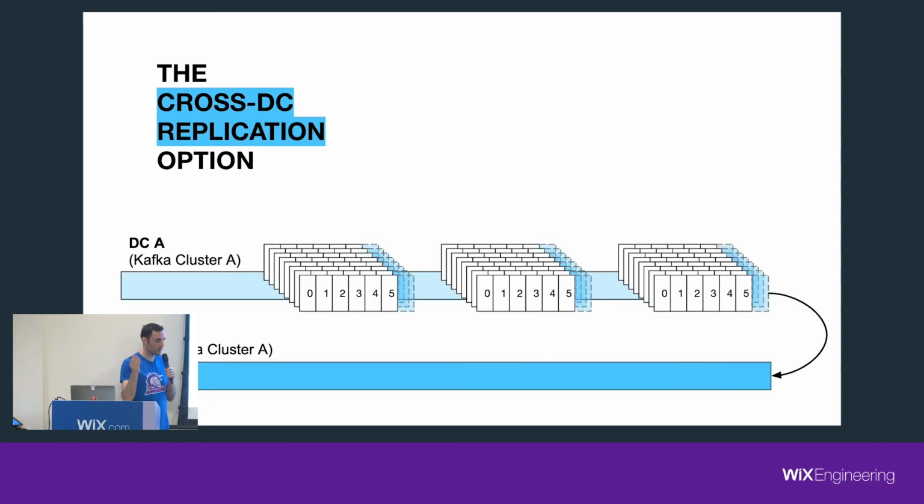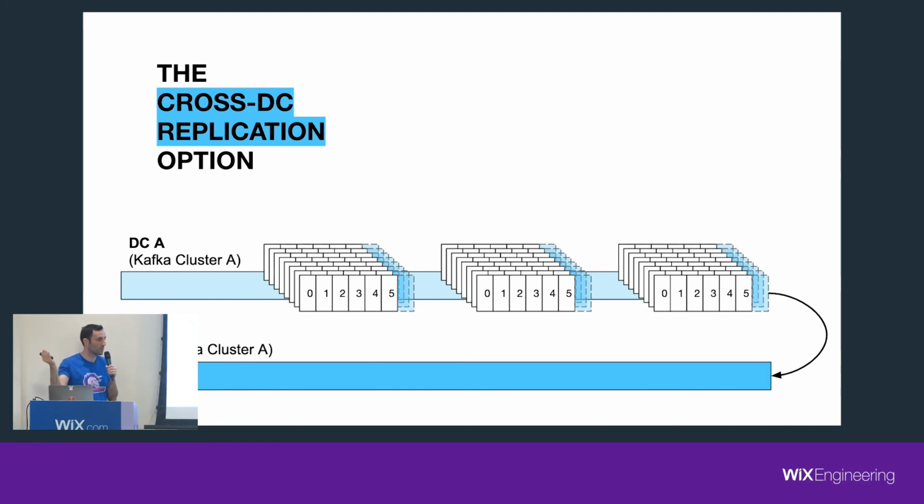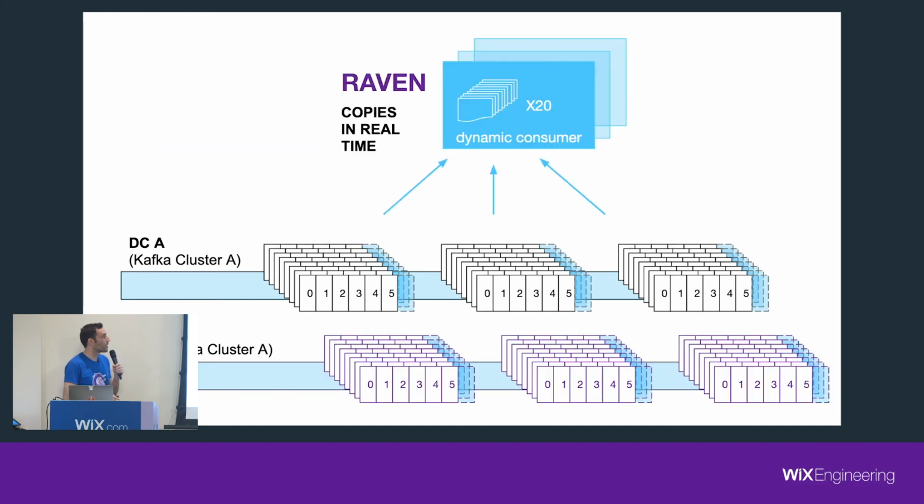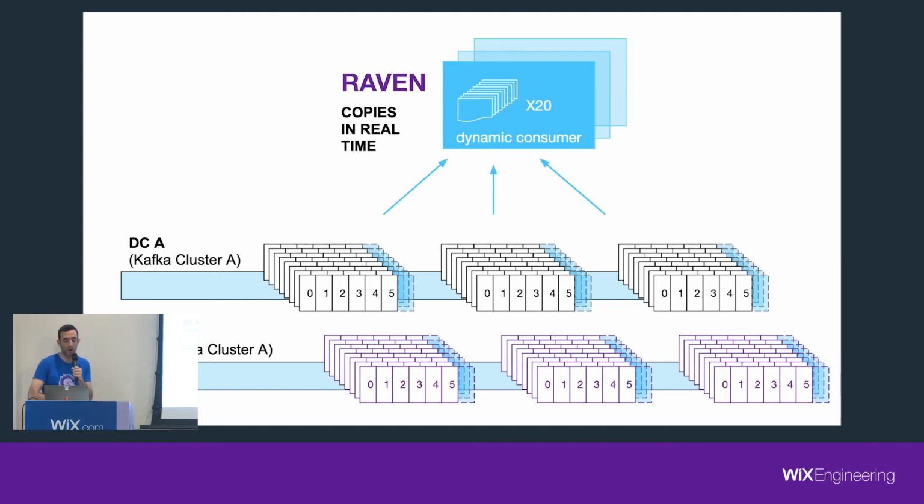And of course, like I mentioned before, and Avi mentioned, we're in a multi-data center environment across the globe. And sometimes you want to replicate the topics between the data centers. For instance, if you want to replicate the key value information, that's one example. So we created our own replication tool. We call it Raven. We created it at a time when Kafka Mirror Maker and replicators weren't really mature enough and handling all of our requirements.